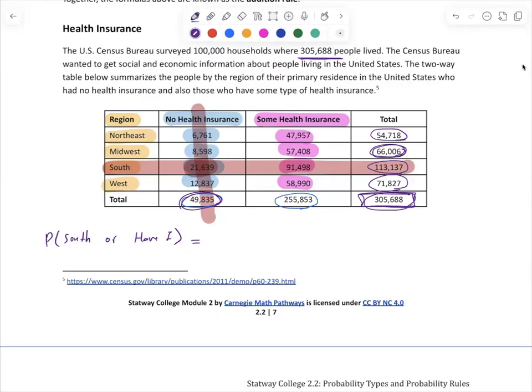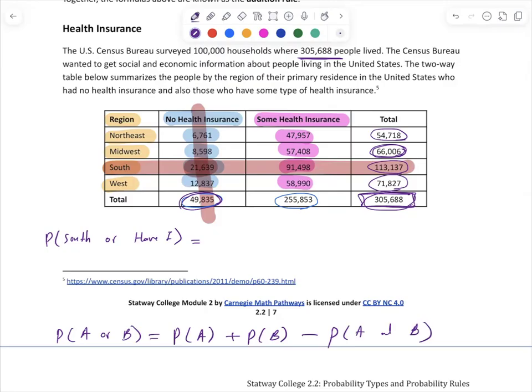Here you have "or," which means we need to apply the addition rule. They are not mutually exclusive, right? This is the probability of A plus the probability of B minus the probability of A and B.